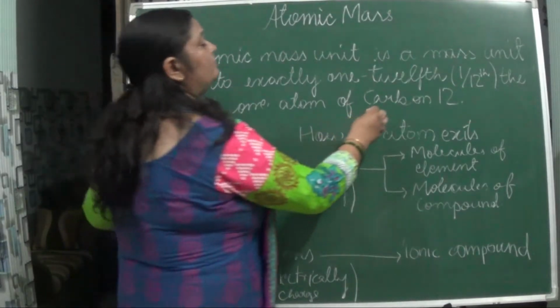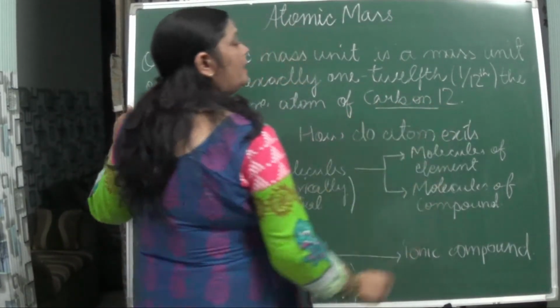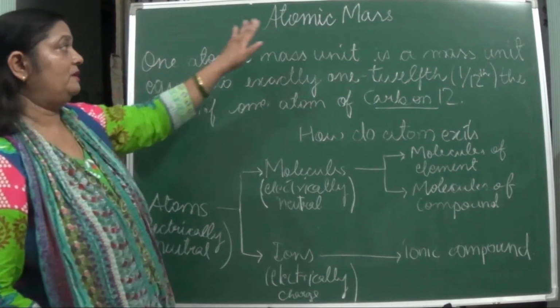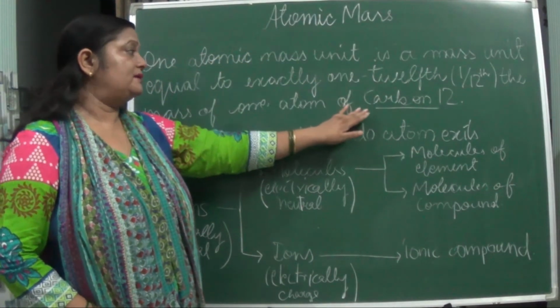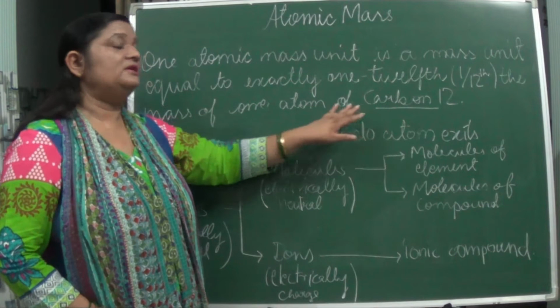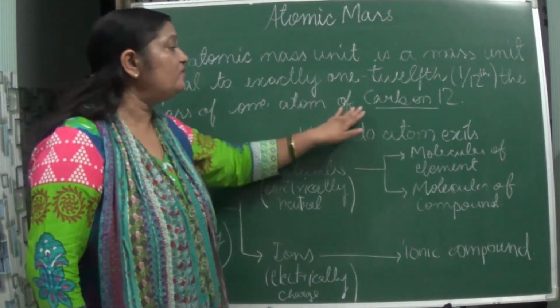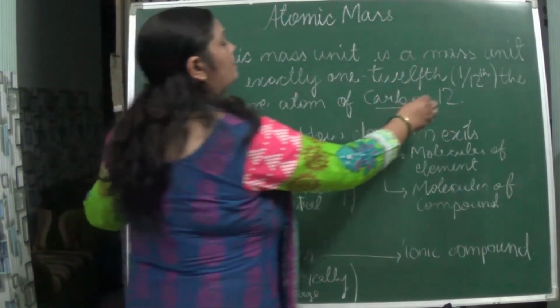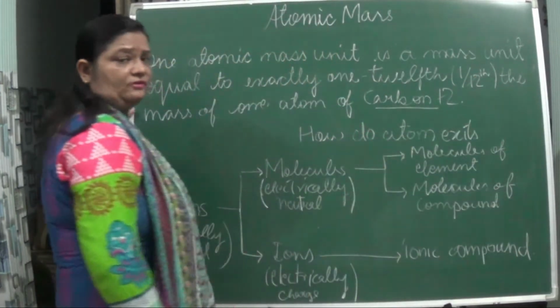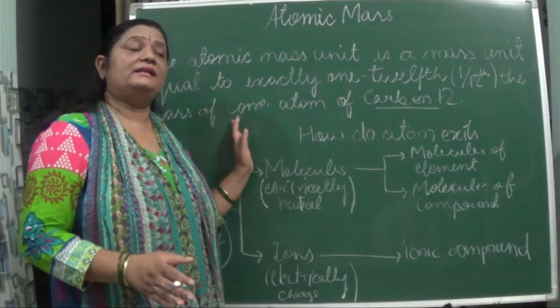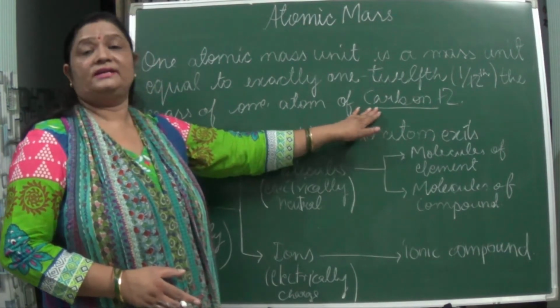Here carbon 12 has been taken, okay, for finding the atomic mass. Why? Because this carbon is found abundant in nature, and when we do it, we get a whole number, we don't get a fraction, and as a result, this is taken into consideration.